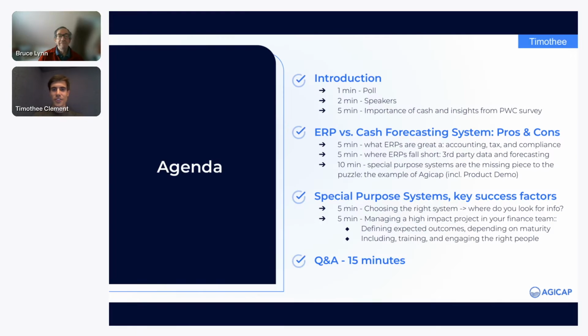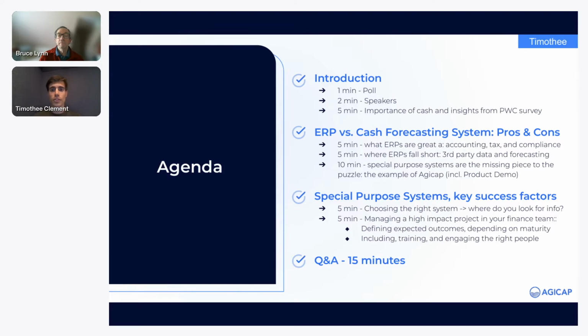As a quick introduction of what we are going to cover today, we'll start with a poll so we can understand a little more about how you currently manage and forecast cash flow for your business. Quick introduction about our respective companies, the FECG and Agicap. Bruce will give us an interesting synthesis of insights from the Global Treasury Survey from PwC, where we have some very interesting thoughts on cash management and cash forecasting and treasury more broadly. Then we'll dive into ERP versus cash forecasting system.